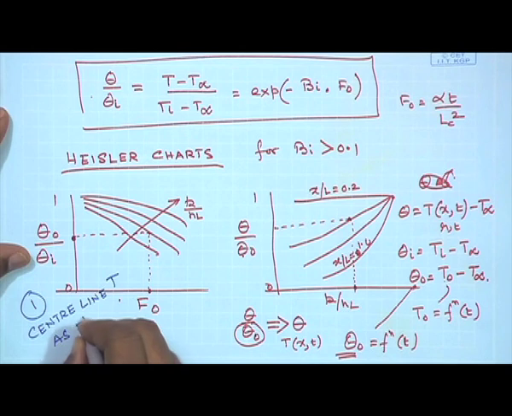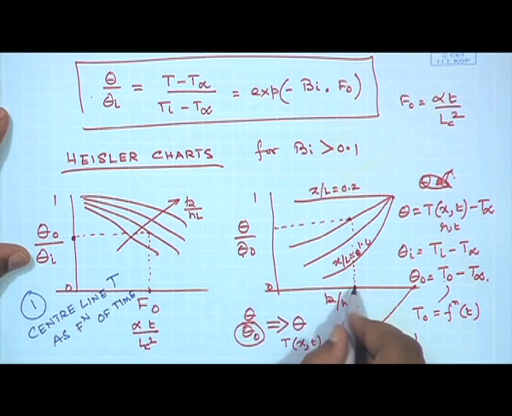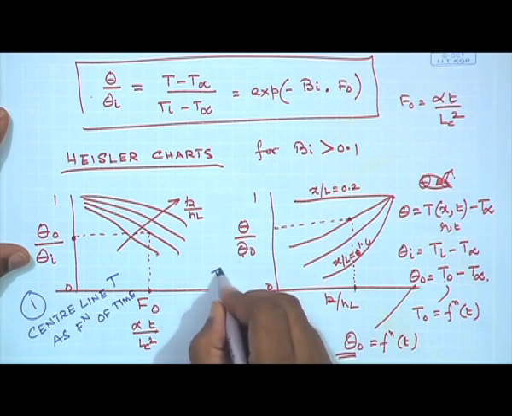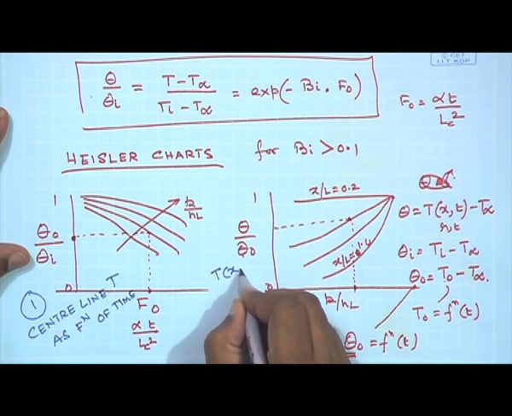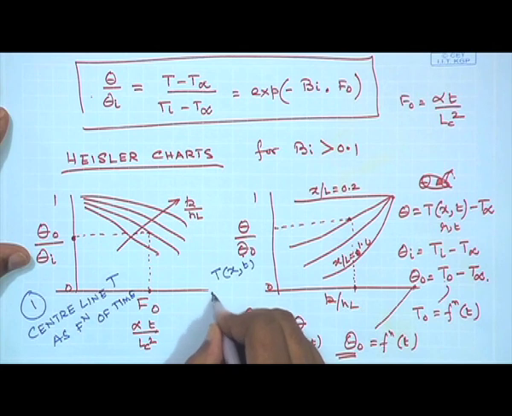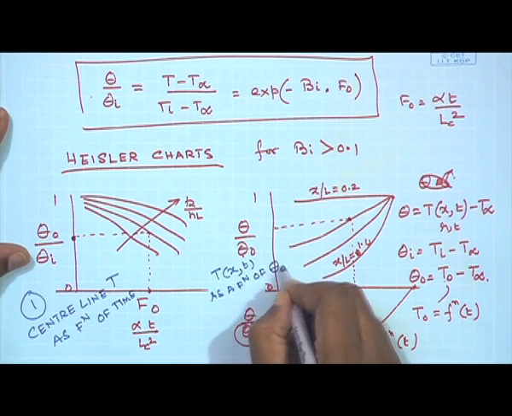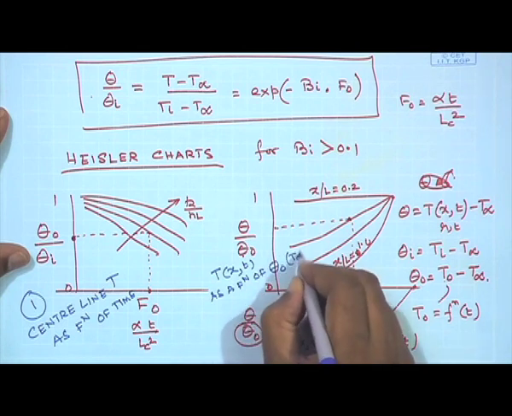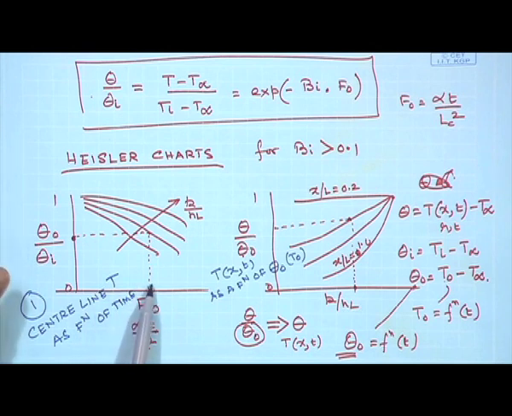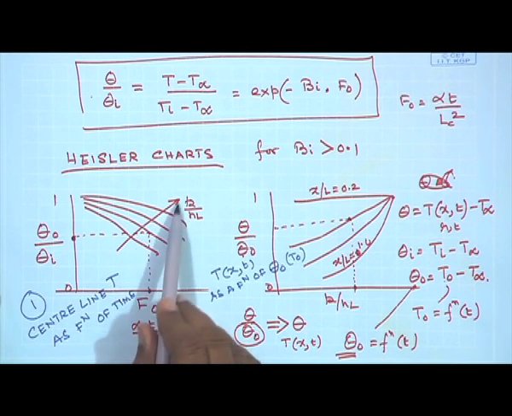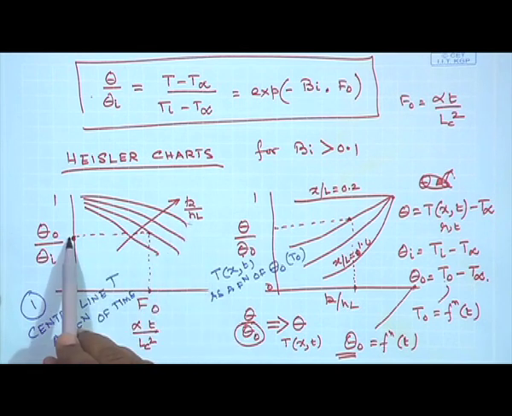So curve 1 gives me center line temperature as a function of time. The second curve gives me temperature at any location and at any point of time as a function of theta naught, that is, as a function of the central line temperature. So the first curve, at any given point of time, the value of this combination gives me the central line temperature.